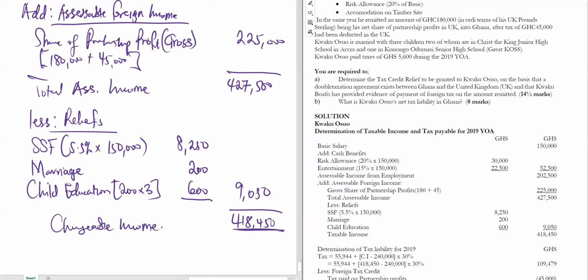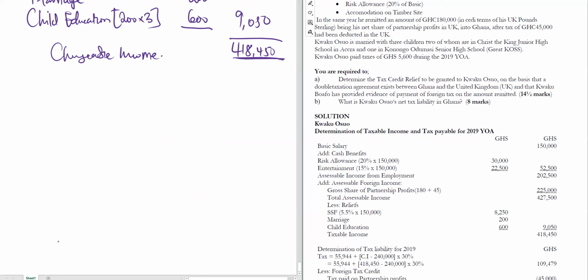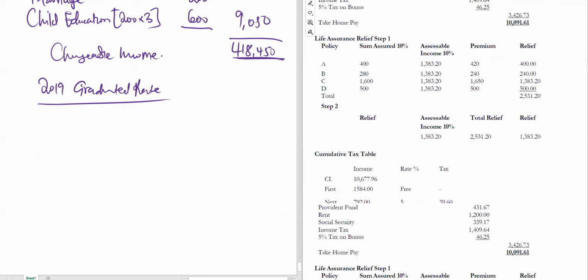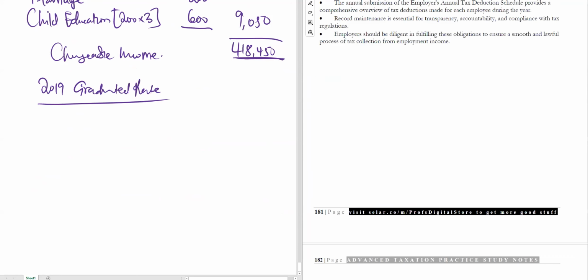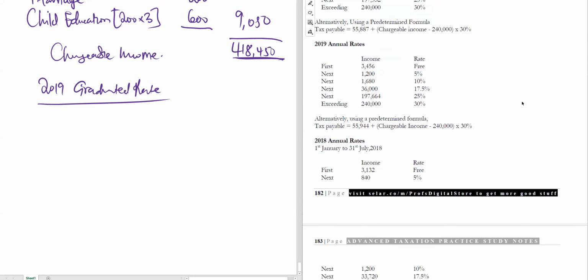Okay, so now what do we need to do? We need to get his tax payable by putting it in the graduated rate. So we need the 2019 graduated rate. So let's go back to our PAYE schedule. 2019 annual rate, we can see it from here.